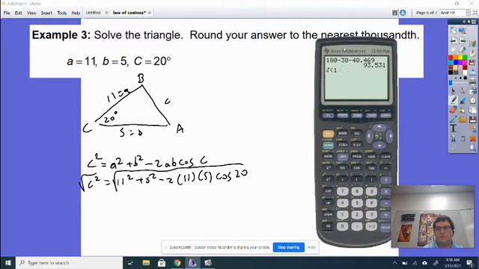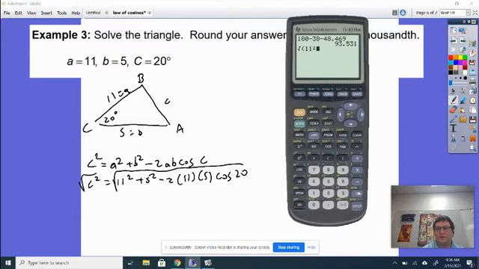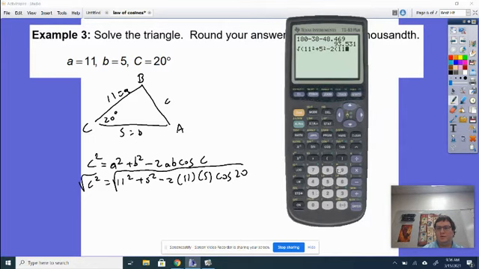Square root of 11 squared plus 5 squared minus 2 times 11 times 5 cosine of 20. I get about 6.529.